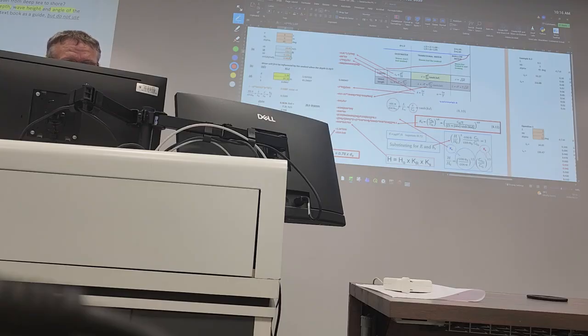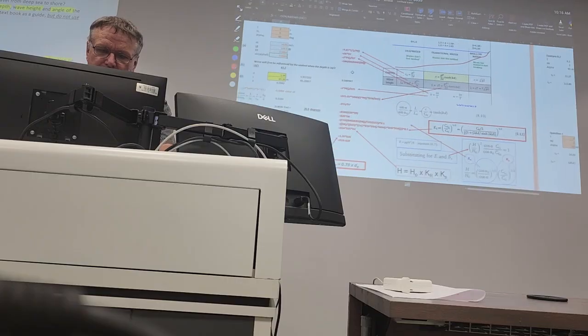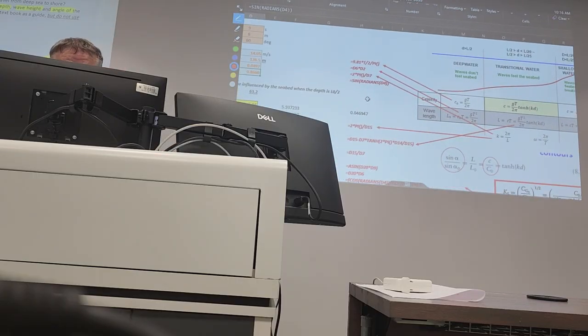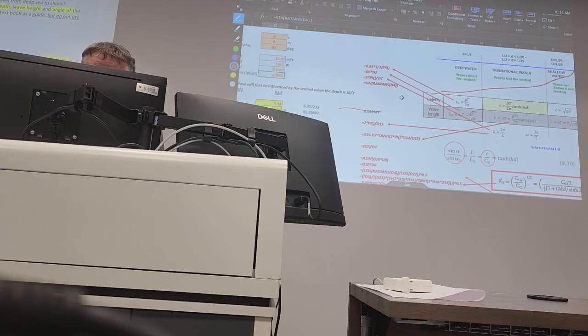I can calculate alpha 0, and remember, it's important to note that the moment you work in Excel, Excel works in radians. So if you get something that's in degrees, you must first convert that to radians. Otherwise, it won't work. Okay, so let's just go up.